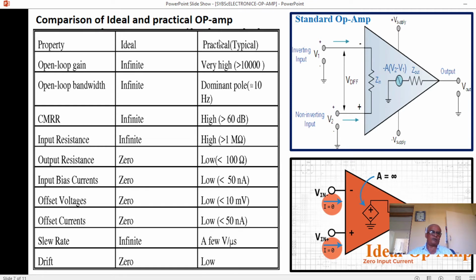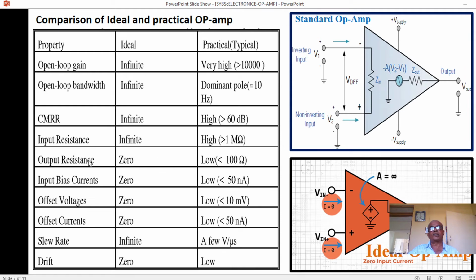Similarly, we can consider the characteristics of the practical op-amp. For ideal characteristics, the infinite quantities will be very high but not infinite. For example, open loop gain is infinite for an ideal amplifier, but practically it is not infinite, only very high, greater than 10,000. There is a limit to how large it can be, so the practical value is very high but not infinite. Similarly, the values that are zero are low but not zero.